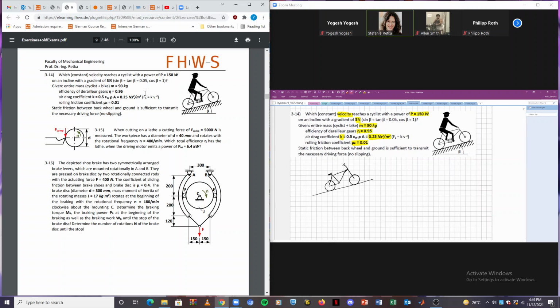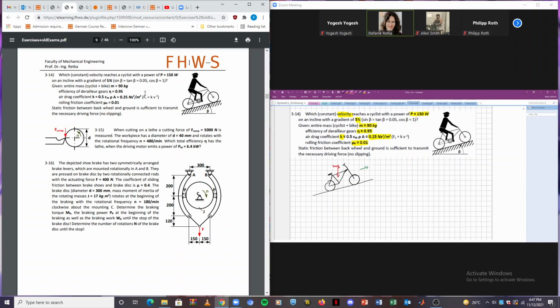I'll just add the forces right now. So let's assume there's a person on a bike, and we know the mass of the entire system, person and bike, and then we have the force of gravity, m times g. Then the person moves upwards, of course, forward on the bike.